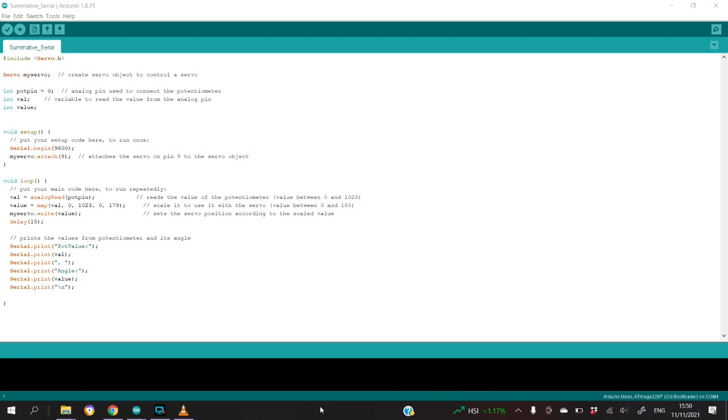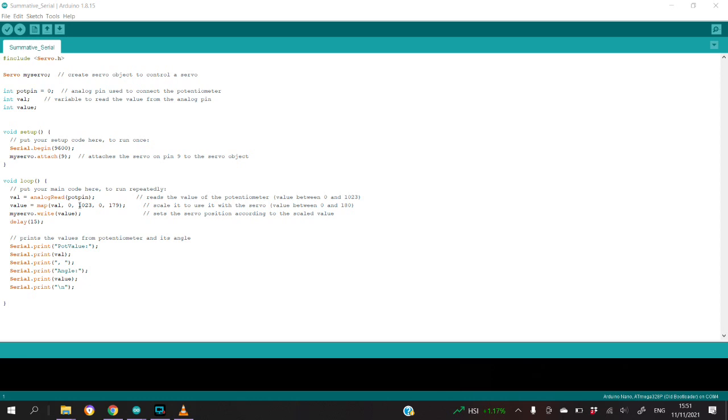Challenge, where we display the value of the potentiometer and its angle on the serial monitor. For the code, it's the same as before up to the code that positions the servo motor according to its angle, but we added some commands.